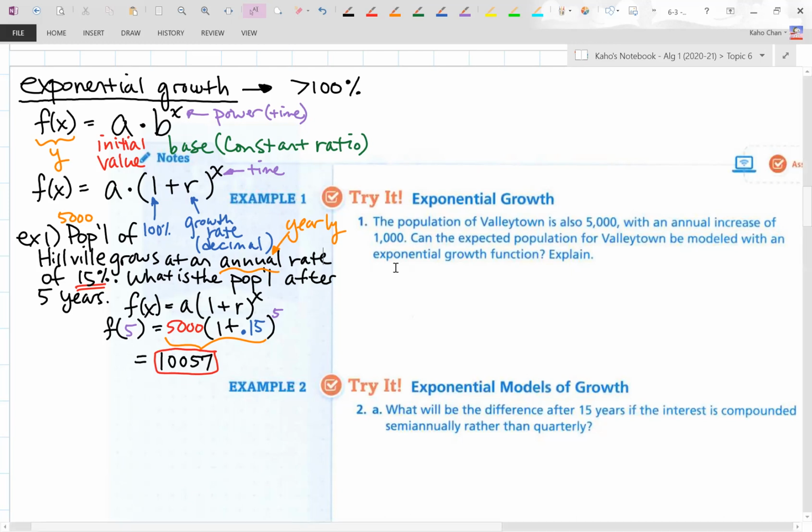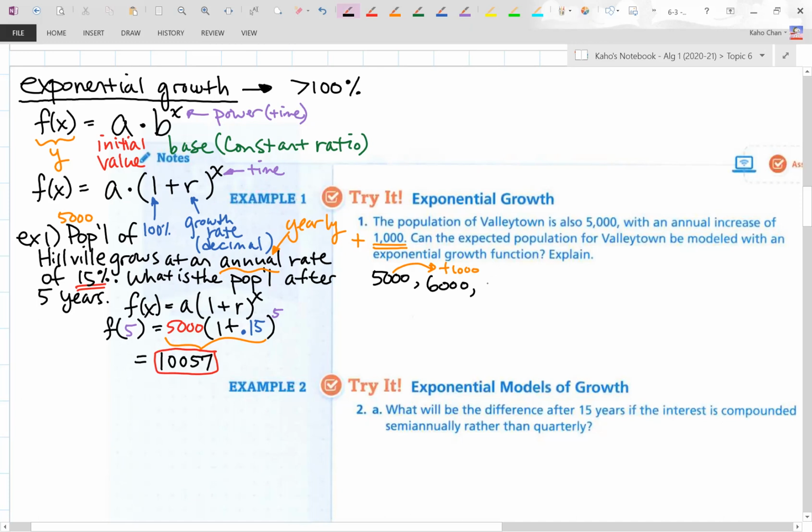Explain. Now this is kind of weird. It doesn't tell you that it's a percentage, but it's going up by 1,000 people. That's crazy. So we have 5,000 people to start with. Then we add 1,000. That gives us the 6,000.